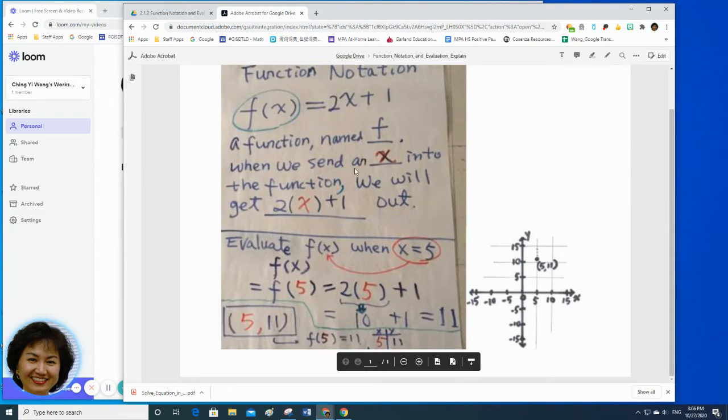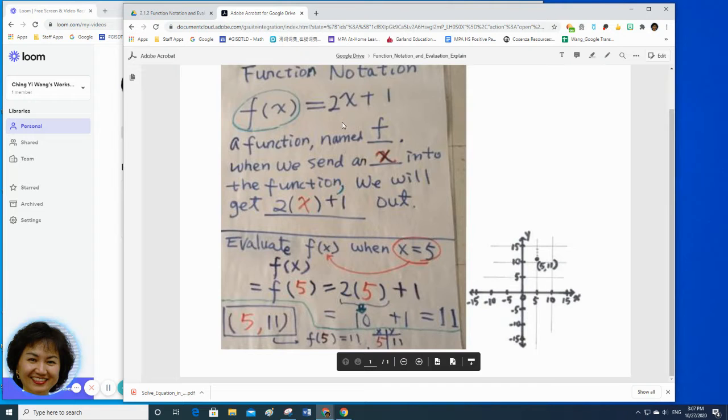When we send an x into the function, we will get 2 times that x plus 1 out. So the x is the input to that function, and 2 times that x plus 1 will be the output.